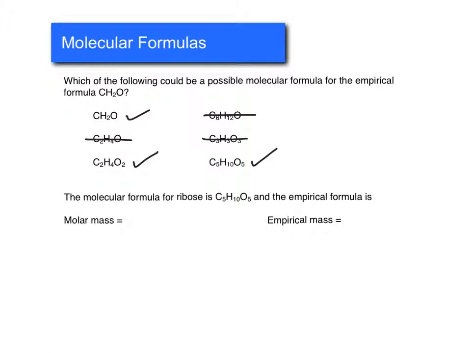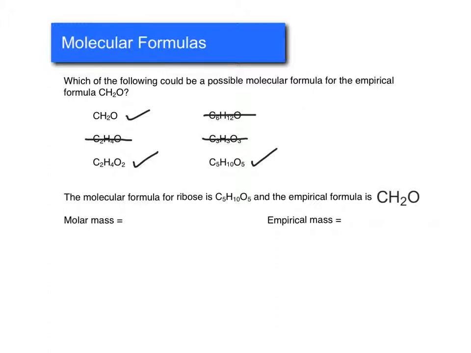Okay, and so now let's do an example where we look at how the molar mass is related to the empirical mass. So if we have a molecular formula for ribose of C5H10O5, then the empirical formula would have to be all of those numbers divided by 5 because that's the least common multiple. All right, so that would be CH2O as our empirical formula.